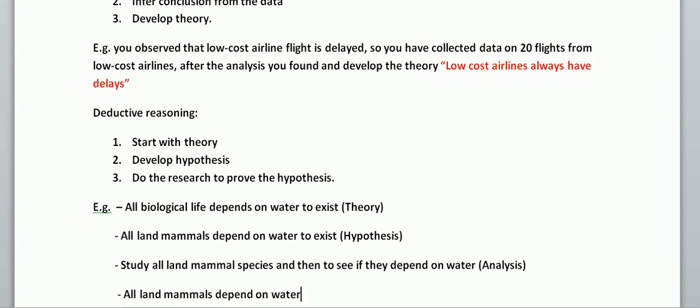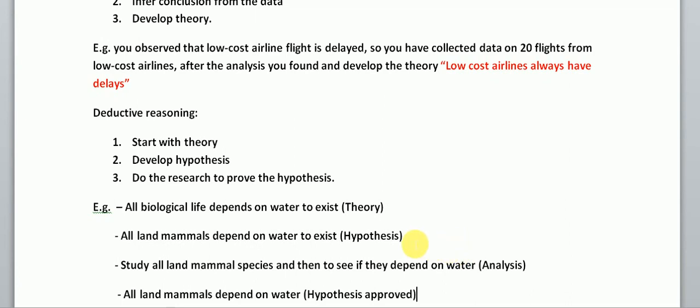So it means your hypothesis is approved.